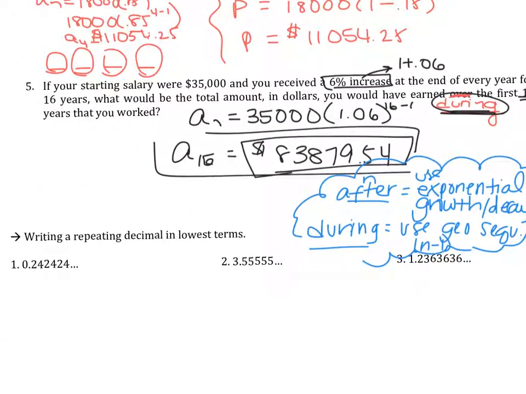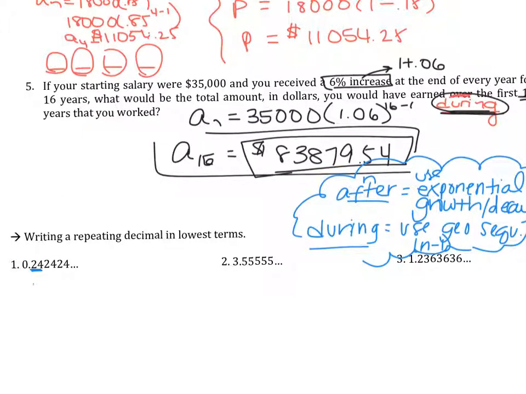So now let's go ahead and talk about writing a repeating decimal in lowest terms. I could easily type this in my calculator, figure this out an easier way, or a different way, but I can do this by using geometric series. So I always first look at how many digits repeat. Notice the first 2 digits repeat. So every 100th term, it repeats 24.